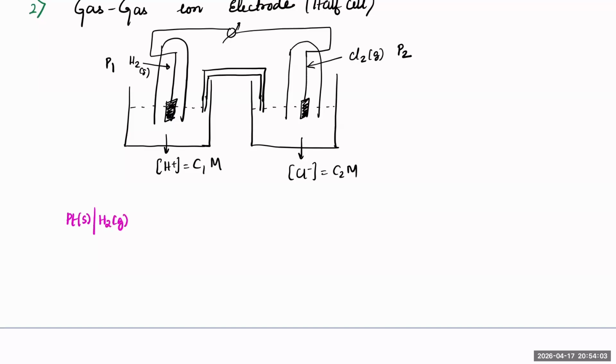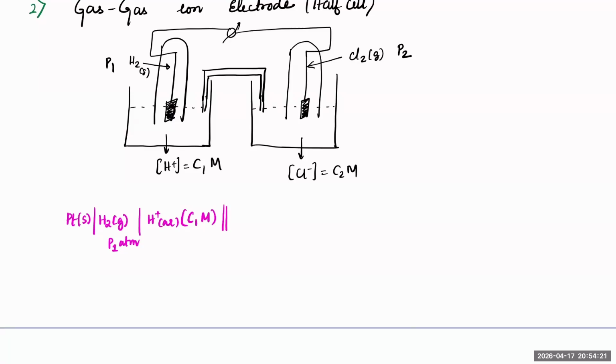That means H2 gas is adsorbed on it at a pressure P1 atm, like this you will write. And then that H2 is getting oxidized to H plus ions, which are of C1 molar concentration.